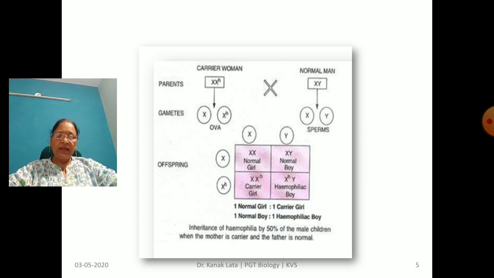So when carrier female is married with normal male, all these are produced in the ratio of 1:1:1:1.